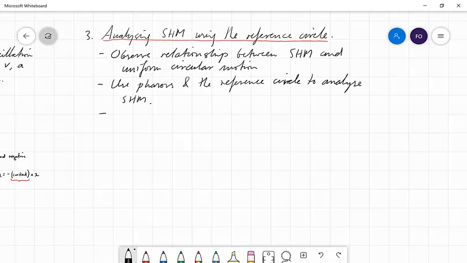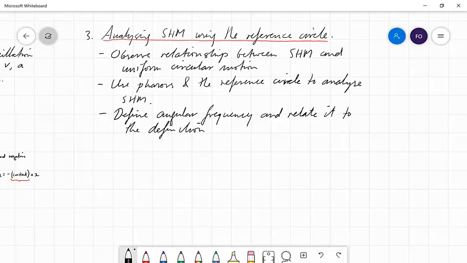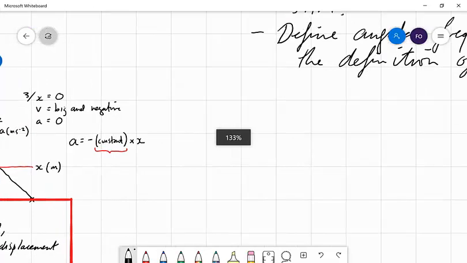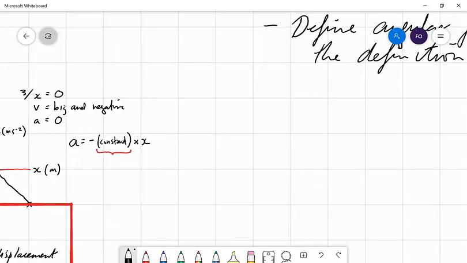And finally, in the process of doing that, we're going to define angular frequency and relate it to the definition of simple harmonic motion, which, remember, I've even got those notes here. We defined simple harmonic motion as a is equal to some negative constant times x. So we're just going to make a statement about that constant at some stage as well.